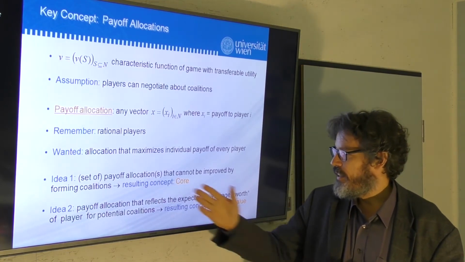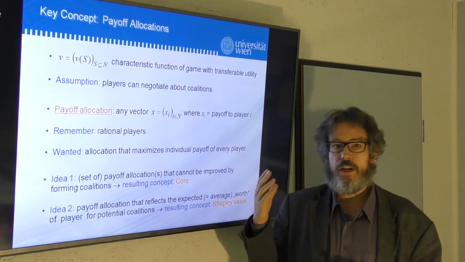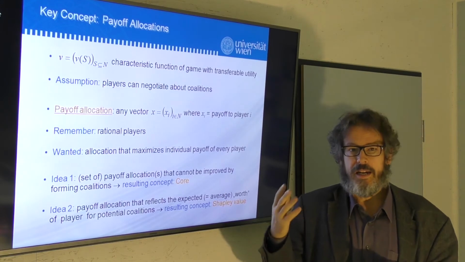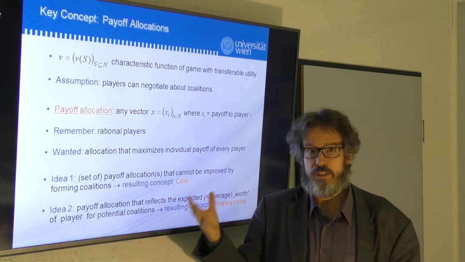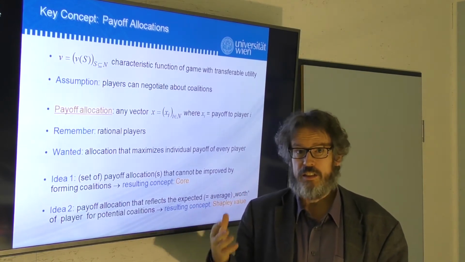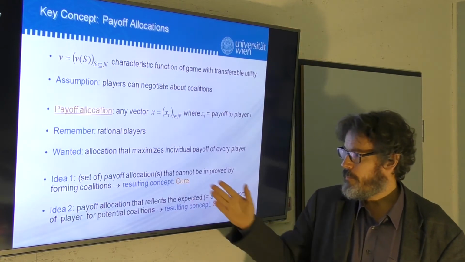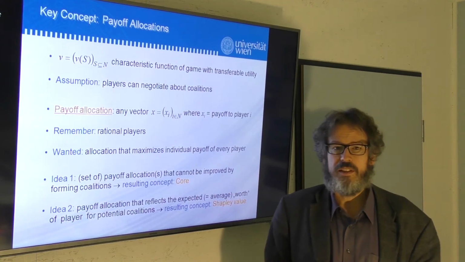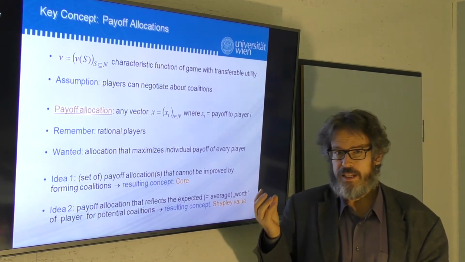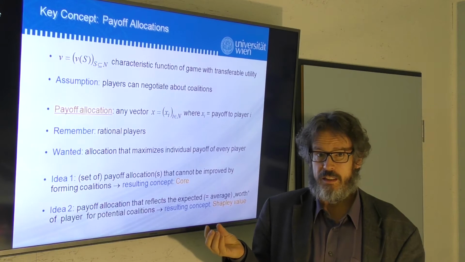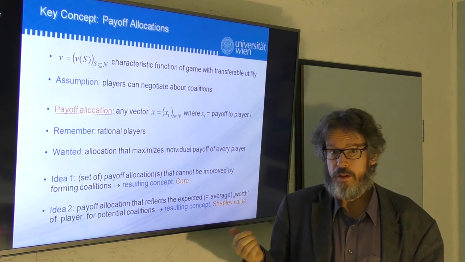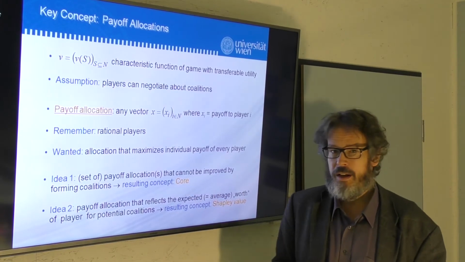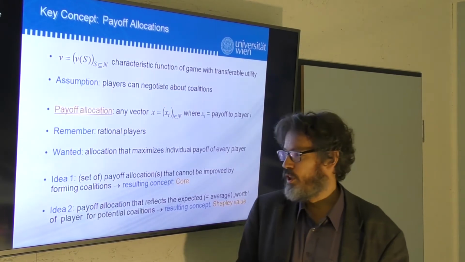And the resulting solution concept is called the core, which means an allocation which is within the core cannot be improved by additional negotiations, by additional coalition forming. The important point to notice here is that the core is a set of allocations. So it can be empty, there can be one allocation in the core, but there can also be many allocations in the core. And for sure, it's not a unique solution.